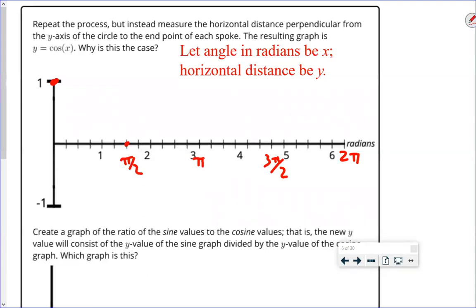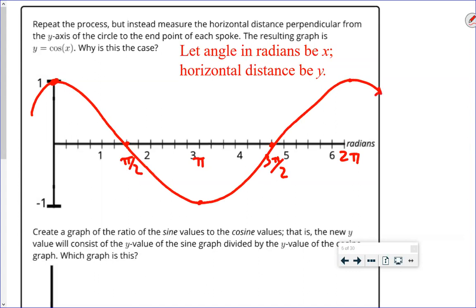Then it comes to 0 at pi over 2, then -1 at pi, then 0 at 3 pi over 2, and then back to 1. And again, that repeating is what we call periodic. It's that periodic function that once you do one full cycle, it just starts repeating itself.